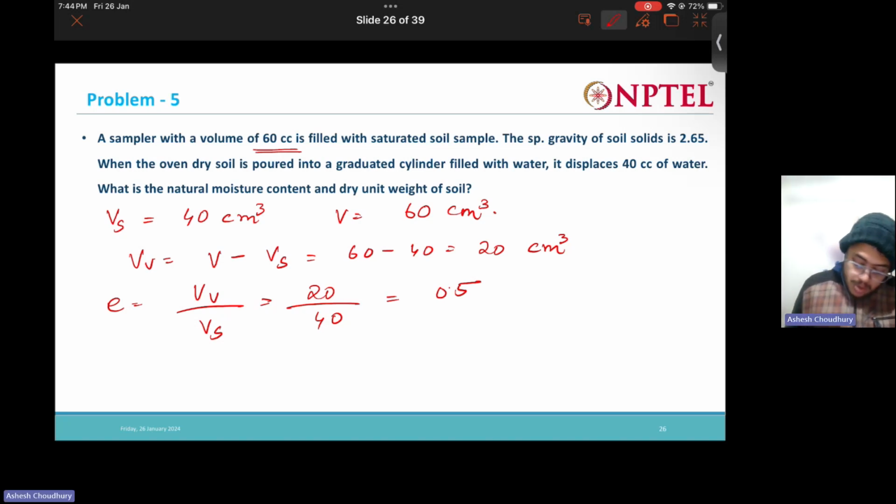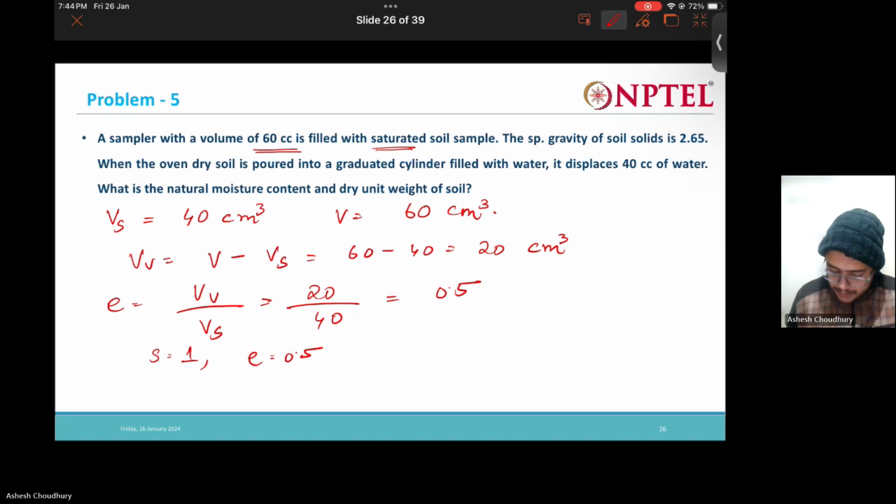Now, this sampler of 60 cc, for which we need to find the natural moisture content and the dry unit weight, is a saturated soil sample. It's given here as saturated. So S is equal to 1 we know, e is 0.5 we know. So water content we can find out.